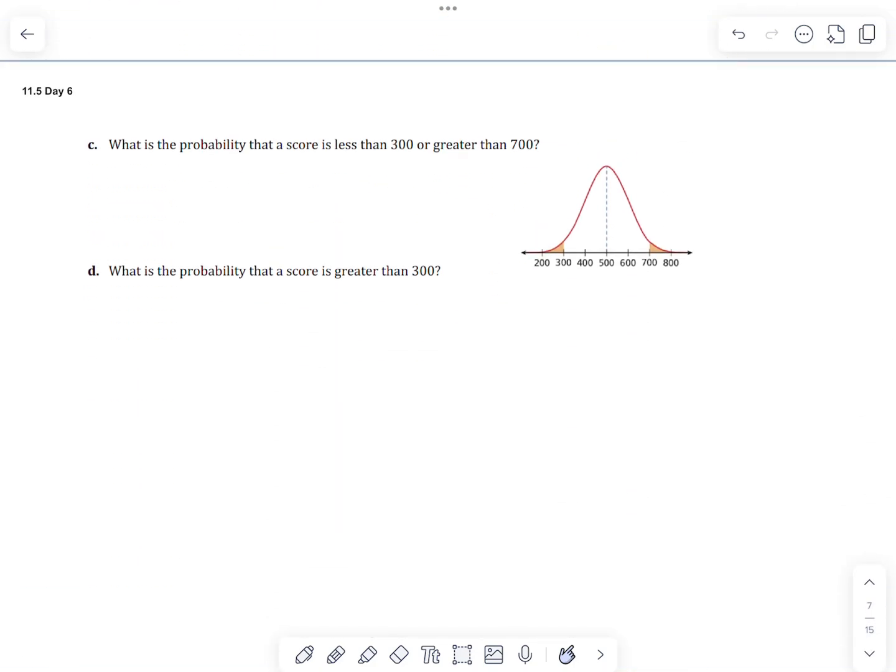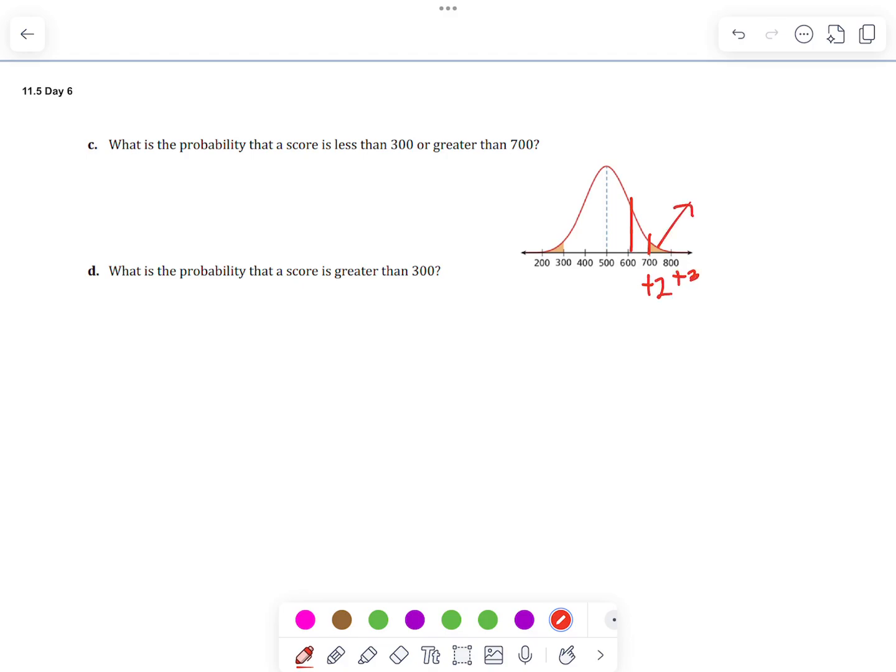C, what is the probability that you will score something less than 300 or greater than 700? Okay, I found this on the web. All right. So here is +1 standard deviation, +2 standard deviations, and then +3.